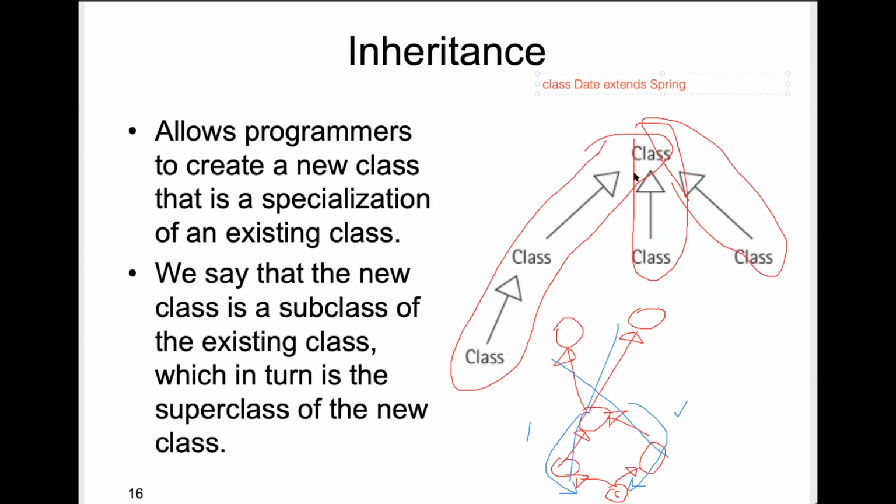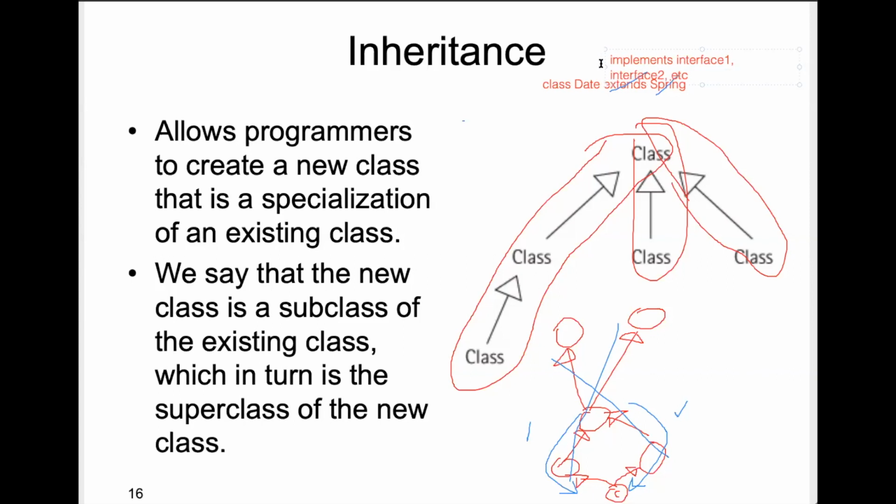However, Java gives you the ability to implement interfaces. We talked about interfaces in the first week, or second week rather, and instead of extending another class, you can implement interface 1, interface 2, and so on and so forth.